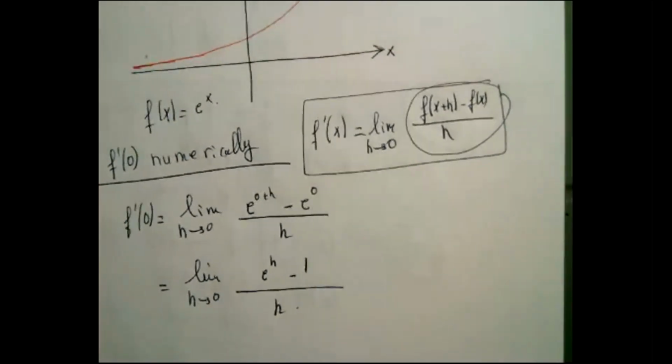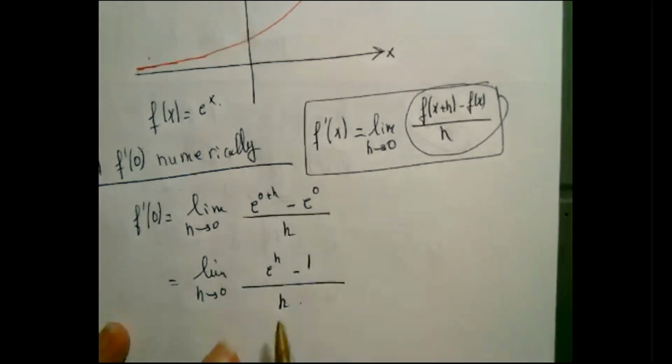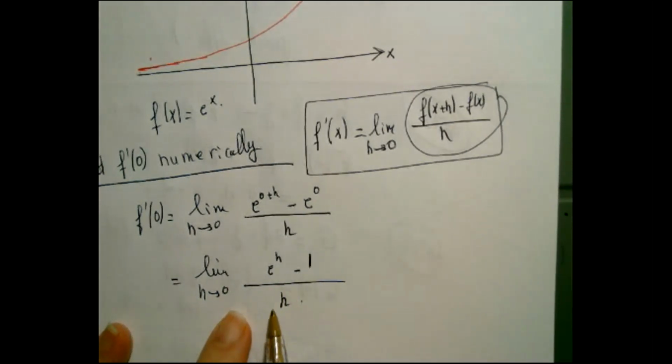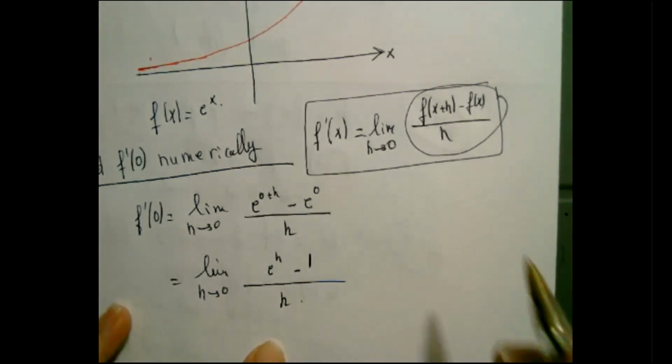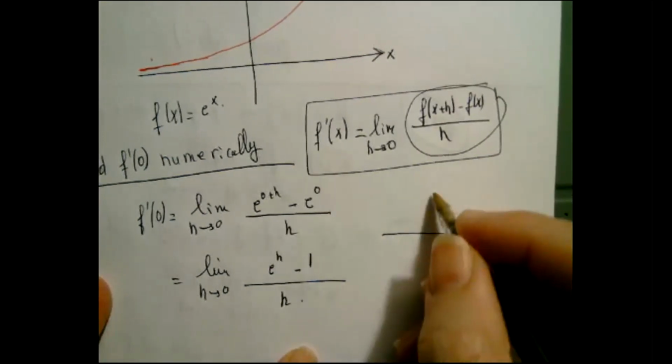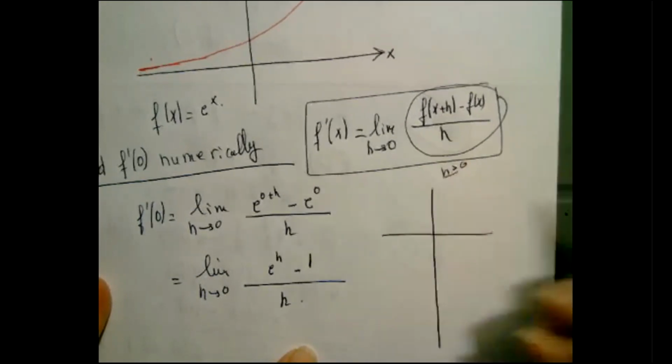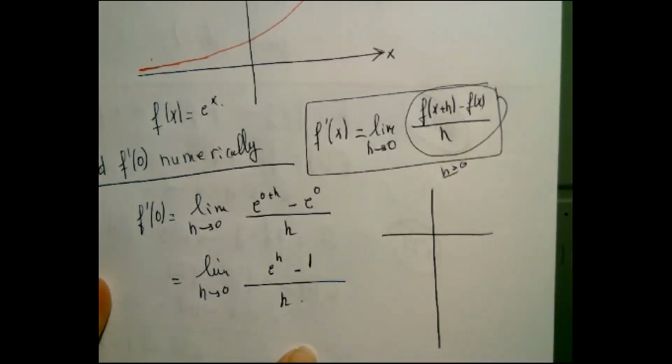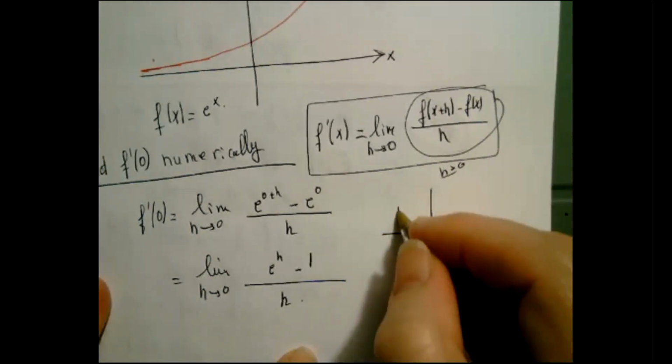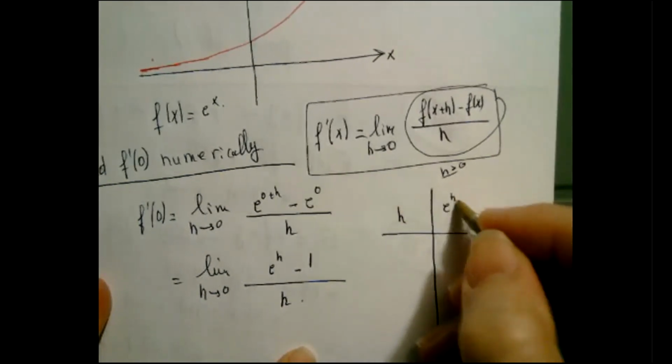And now numerically, it means I'm honestly going to pick up a calculator and start evaluating this limit by letting h take smaller and smaller values. So I'm going to make a table, and I'm going to cheat a little bit. I'm only going to take h positive, which is not correct. I should take both, but I'm cheating.